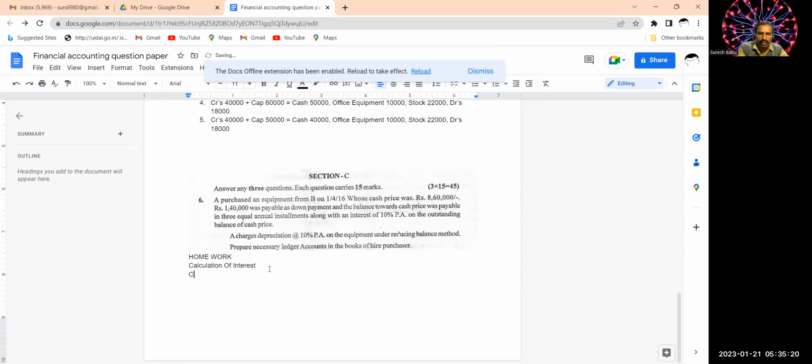So calculation of interest. Listen. What is the cash price? Cash price 8,60,000 minus, how much down payment? 1,40,000.